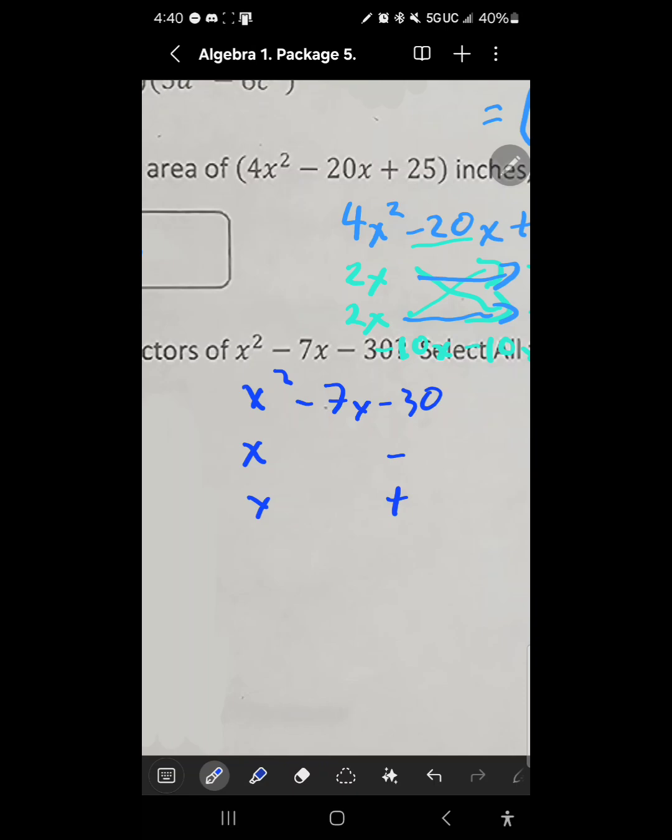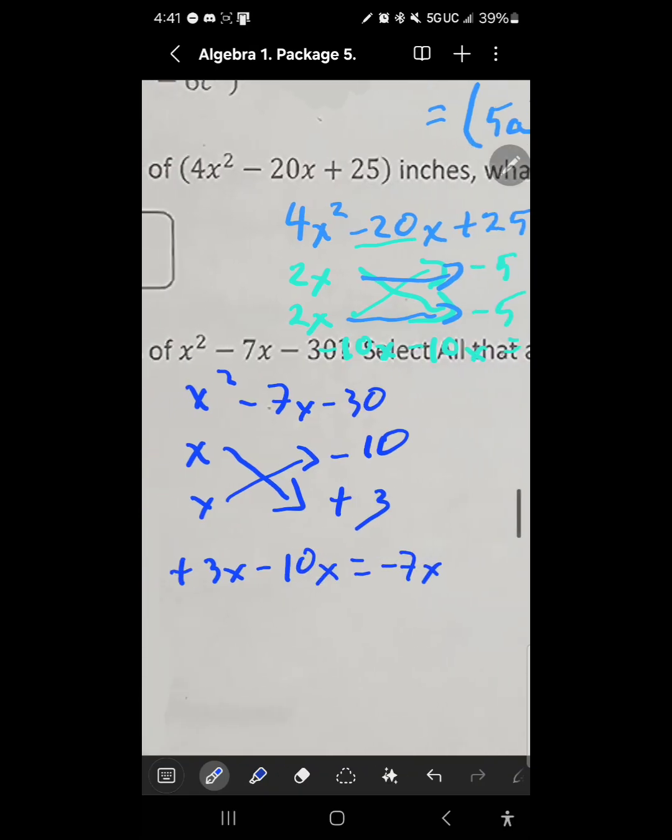And two numbers that multiply together to get 30 are 10 and 3, for example. So if we cross multiply, we have 3x, and then x times 10, this is positive 3x, and then negative 10x, and this is going to be negative 7x. So we are fine.